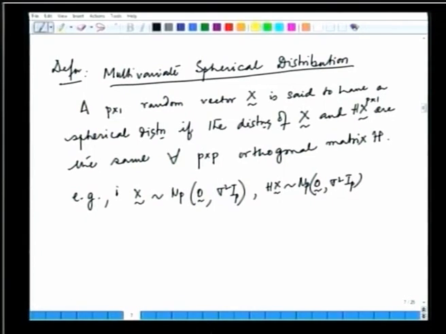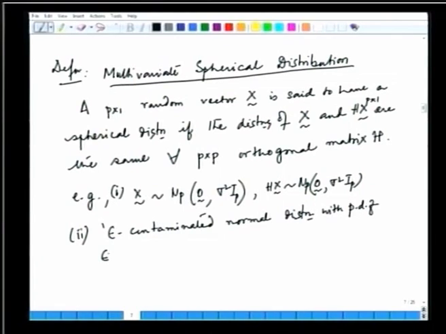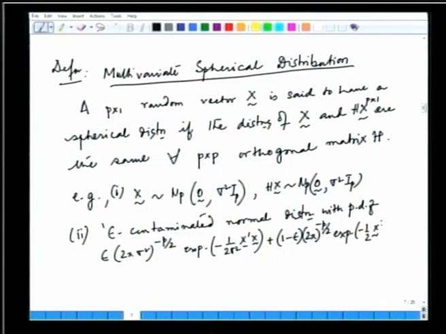Secondly, so this is the first one, there is a special type of distribution called the epsilon-contaminated normal distribution with PDF of the type epsilon times (2 pi sigma square) to the power minus p by 2, and then the exponent term, minus 1 by 2 sigma square x transpose x, and then comes a term like 1 minus epsilon times (2 pi) to the power minus p by 2, and the exponent term minus half x transpose x.